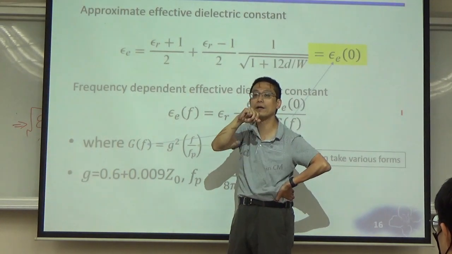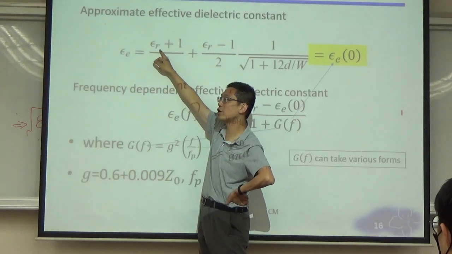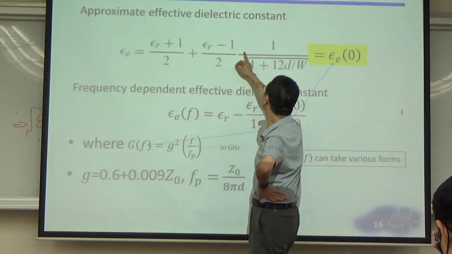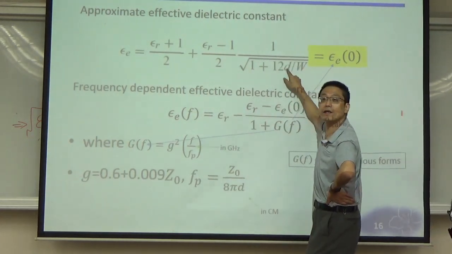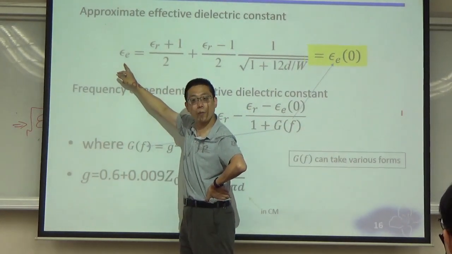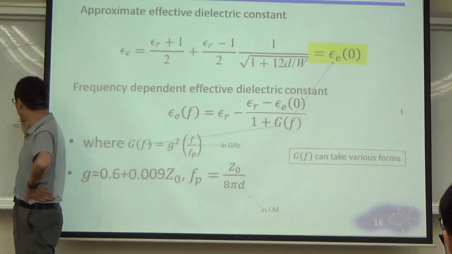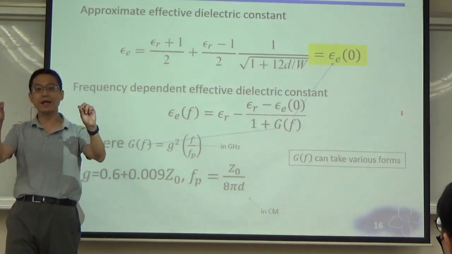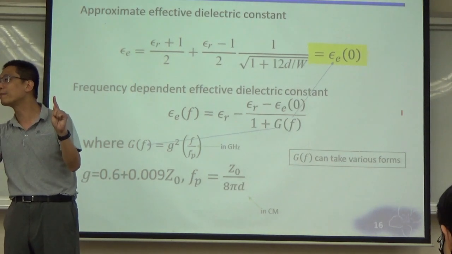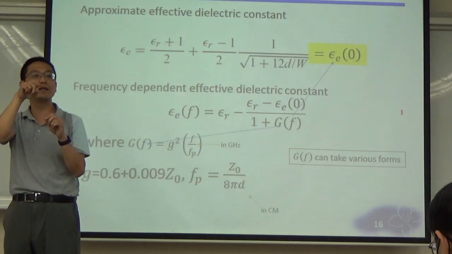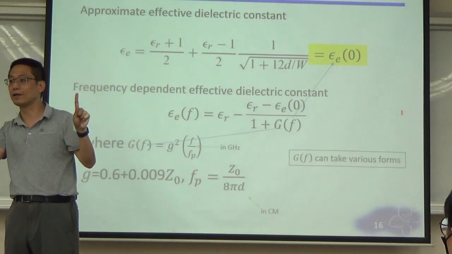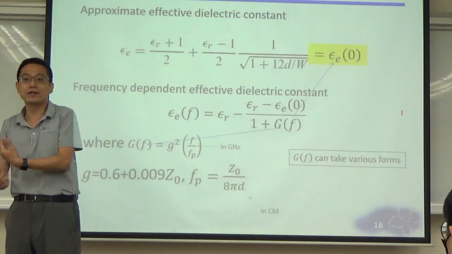If your epsilon R is just a constant, like 4.2, your geometry is keeping the same, right? So your epsilon E is a constant. But when you measure by using this method, you will realize that your epsilon E is changing according to your frequency, right? Because your delta theta is changing depending on frequency.